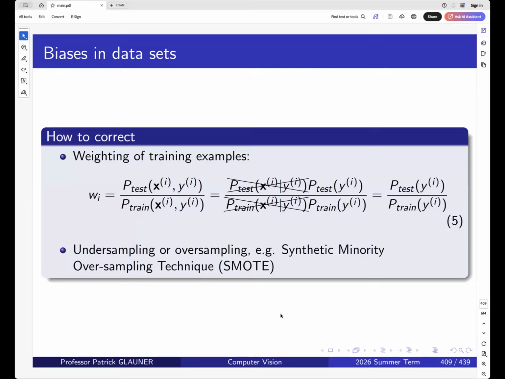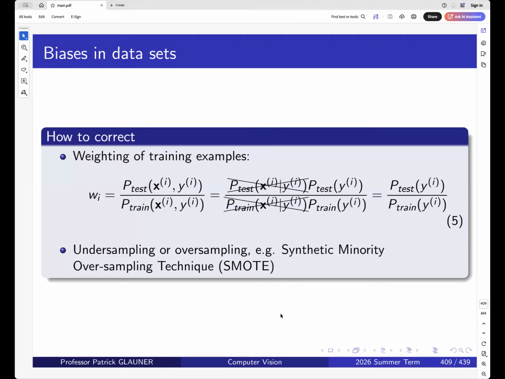That would be oversampling. I can do undersampling as well, where I would delete randomly some examples of the majority class, but that would come with some loss of data. While with oversampling, I would recreate some examples of the minority class.